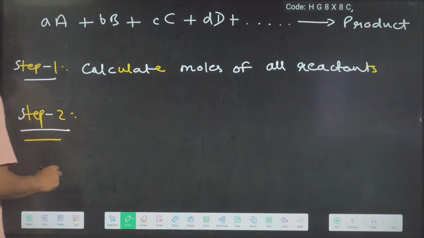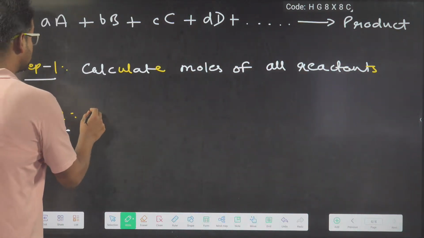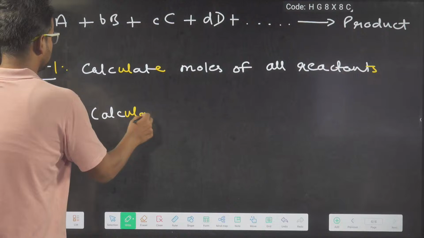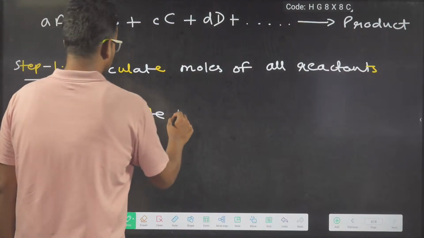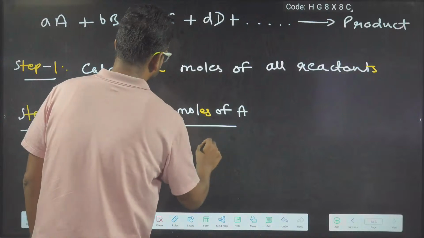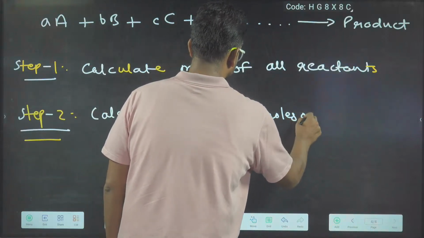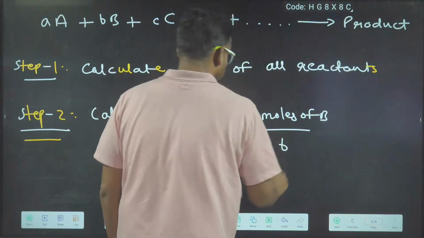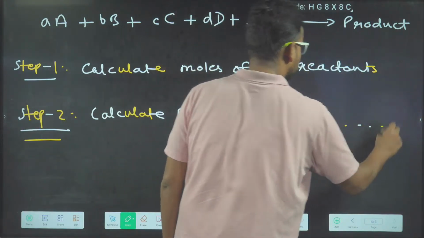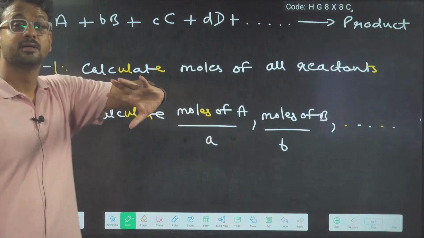Step 2 is to calculate moles of A upon A, moles of B upon B, and so on. See, this is the immense power.